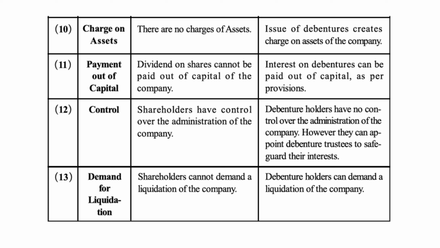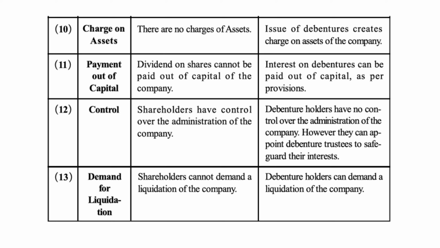For example, we have seen in fixed charge that some assets will be specified, say these 3 factory sites are in Shillong, and against these factory sites I am creating a charge for repayment of debenture. So if the company wants to take any decision regarding these 3 factory sites, then they will ask the debenture trustees.